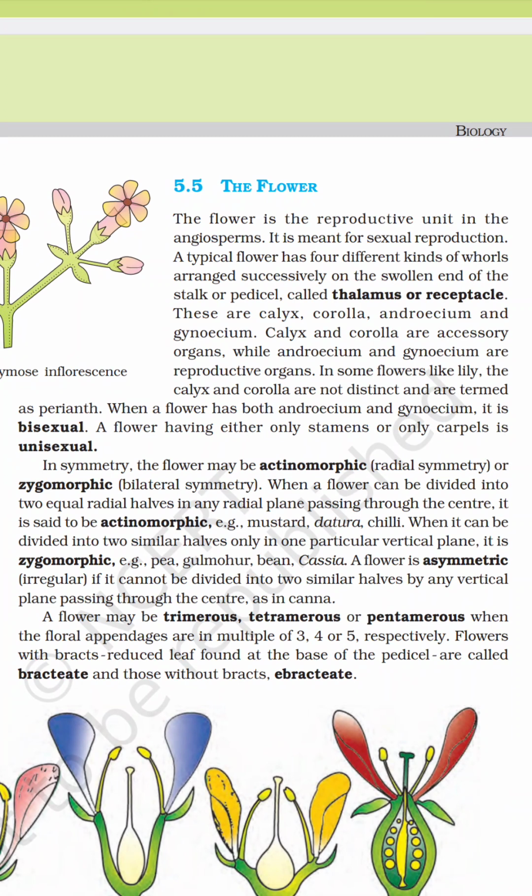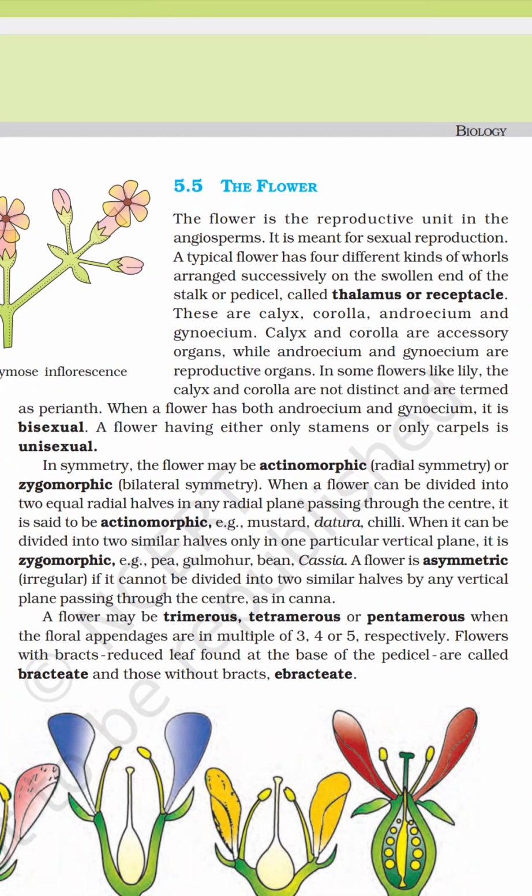In asymmetrical flowers, it cannot be divided into two equal halves by any vertical plane, as seen in canna. Here all the examples are very important: mustard, datura and chili are actinomorphic. Pea plant, gulmohar, bean and cassia are zygomorphic. These examples are very important in morphology.